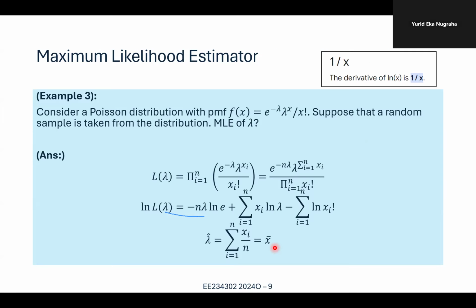So to solve this, we have to know first that the function L(lambda) here is the multiplication of all of these PMFs for the Poisson distribution.